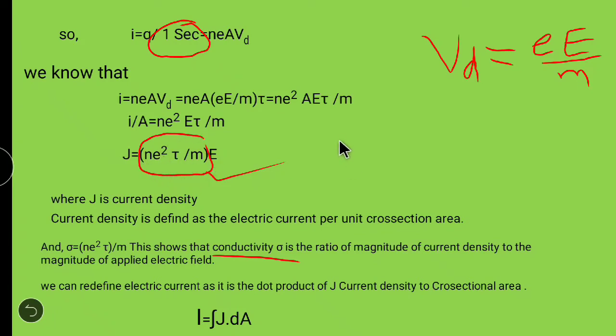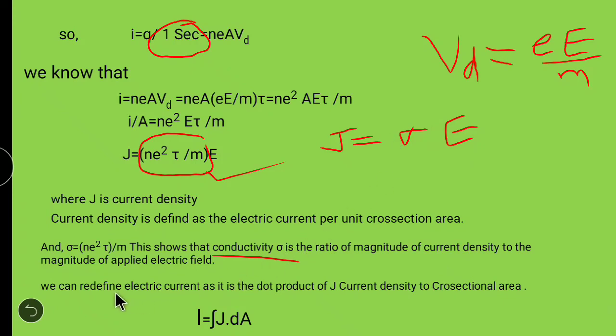So J is equal to sigma E, because the value of sigma is n e square tau upon m. This sigma is called conductivity. So we can define conductivity as the current density per unit electric field. This is the new definition of conductivity.